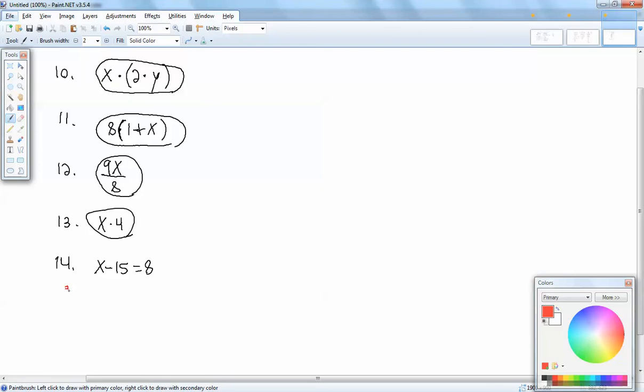Third step, get everything with an x on one side, numbers on the other side. So I'm going to take that negative 15 and move it to the right side. Now, when you move anything across your equals, your sign changes. So the negative 15 becomes a positive 15. Now we got a note up at top, says at any step combine together like terms, combine together numbers. 8 plus 15 gives us 23. And that's our answer.